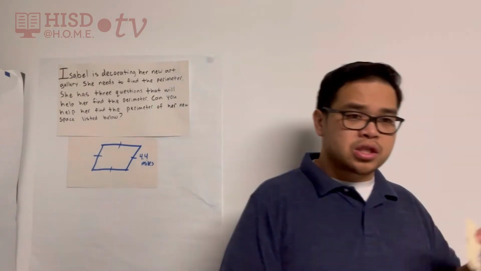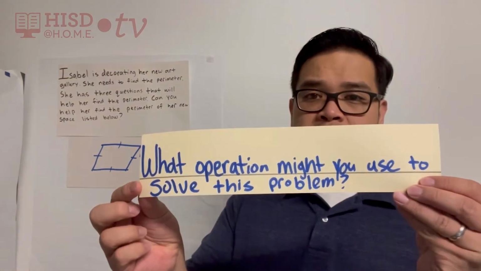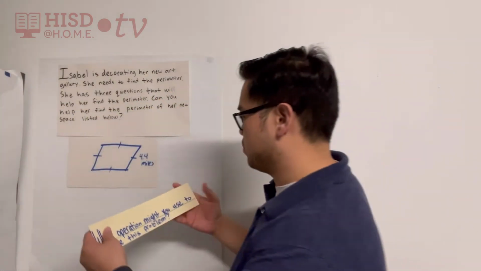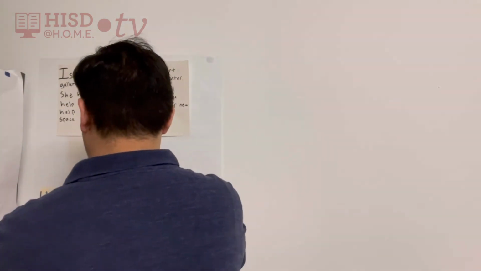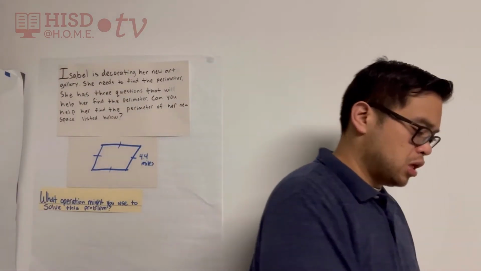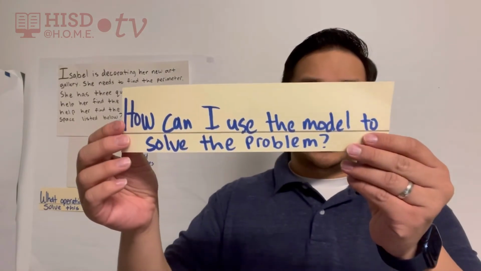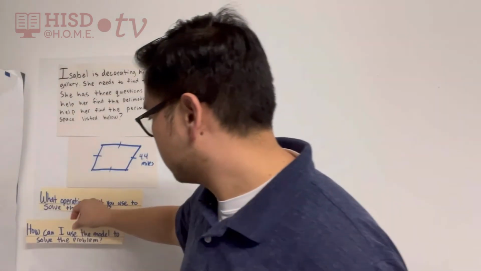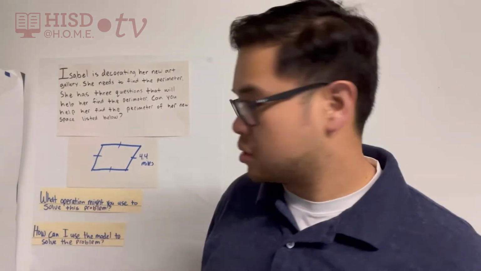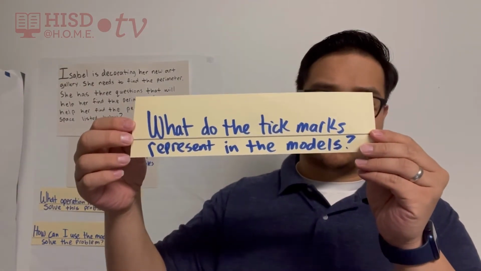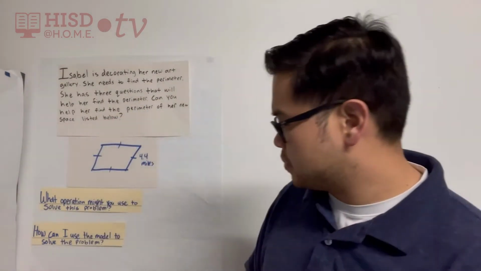Our first question is, what operations might you use to solve this problem? Our second question would be, how can I use the model to solve the problem? And then the third question is, what do the tick marks represent in the models?